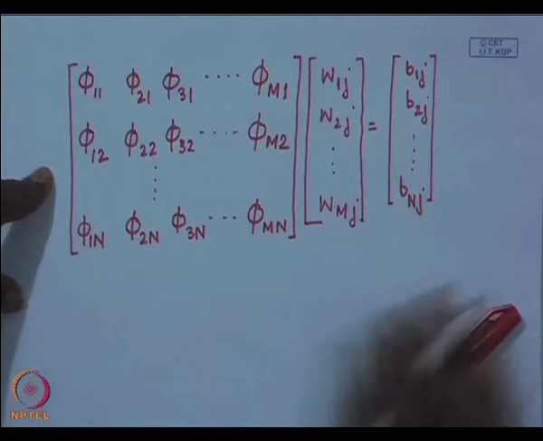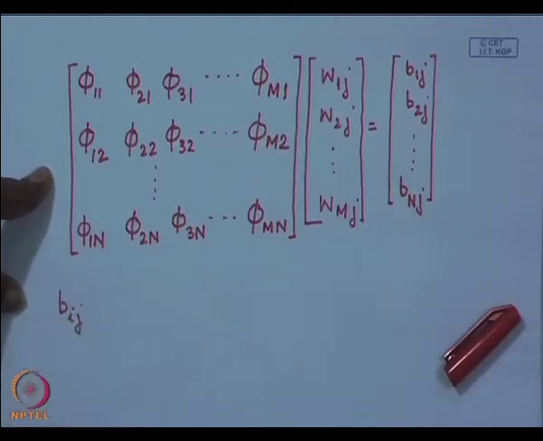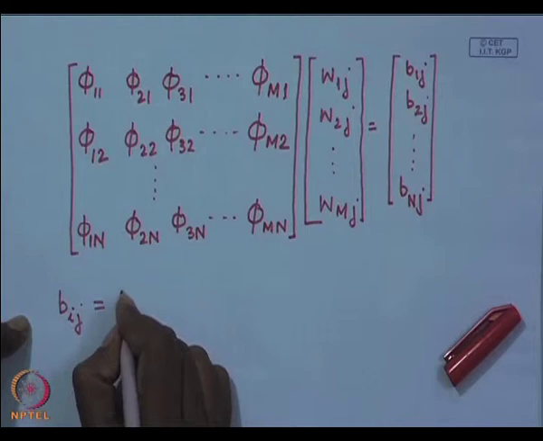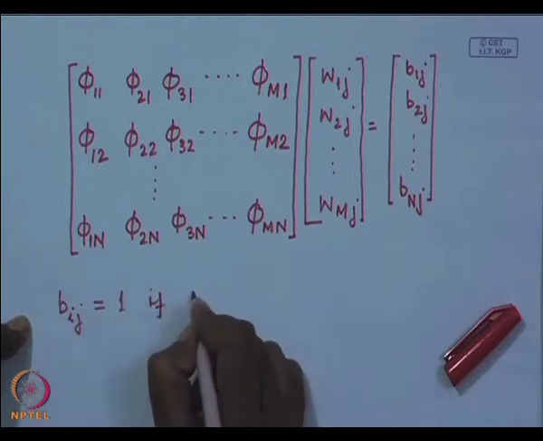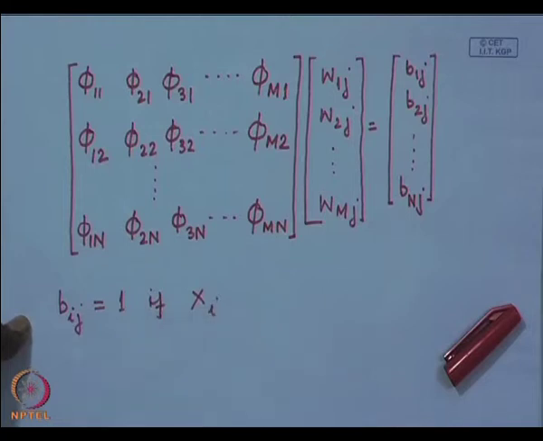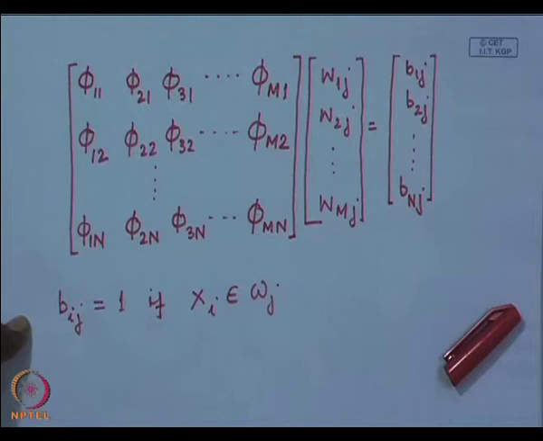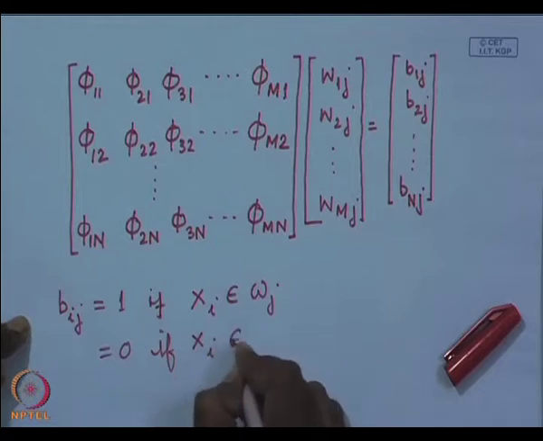So, every b i j will assume a binary value, either 0 or 1. So, this b i j will be equal to 1 if the corresponding input vector x i belongs to class omega j, the jth class, or it will be equal to 0 if x i does not belong to omega j.